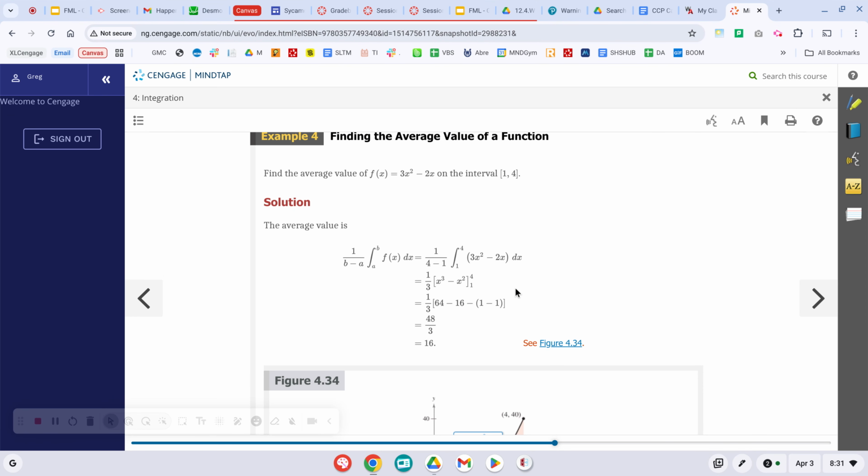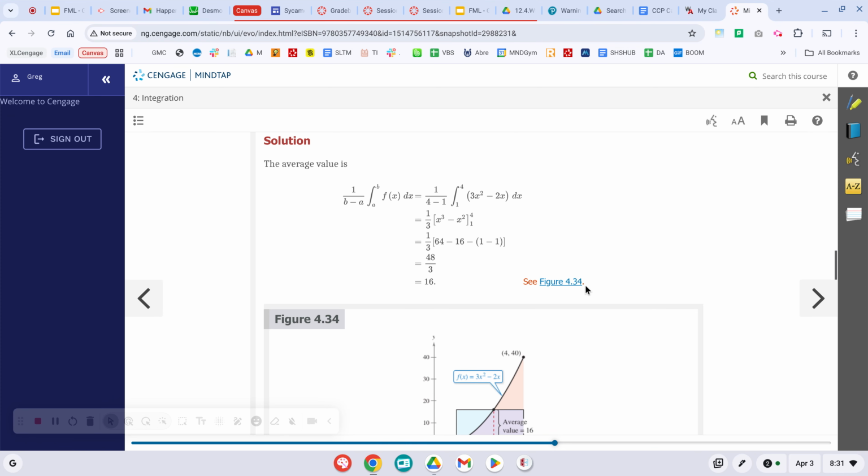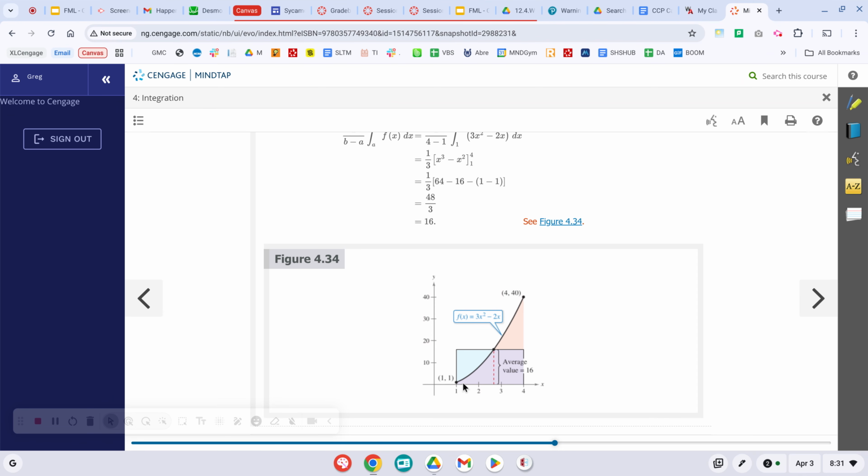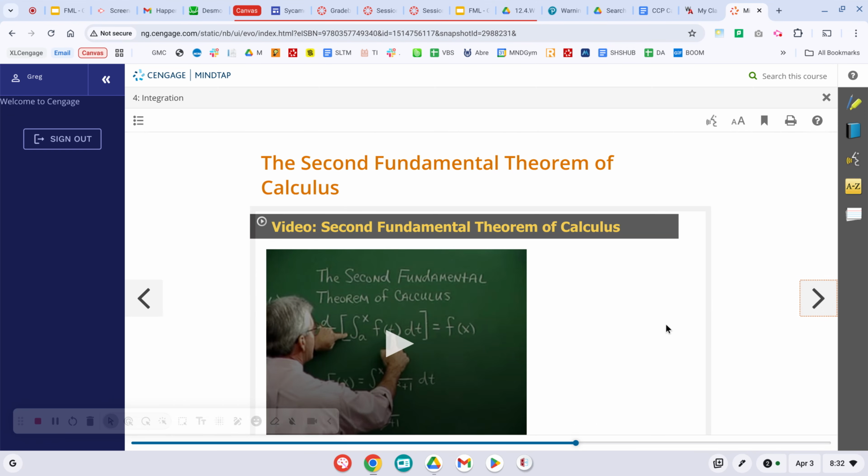So on average, this function's height is 16. Look, the function goes from here to here. This is all of the area under the curve. This is the rectangle that would equal that area, and the average value of this over that is 16 inches per hour if we're measuring snow.